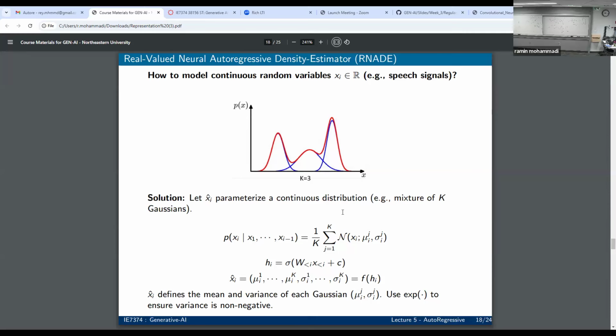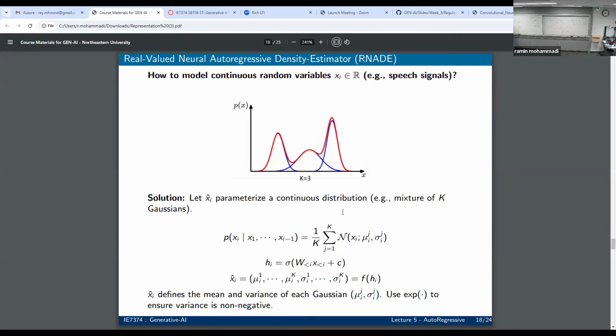Does that make sense? They all do the same thing, these autoregressive models. The fully visible belief network started with simply a logistic function. We saw that it doesn't learn much. It was a good try, but it doesn't learn much. So we said, let's add more nonlinearity to it. We added a neural network in between, creating these hidden representations with some nonlinearity like sigmoid, and then put the logistic regression on top of that, if it was discrete binary.